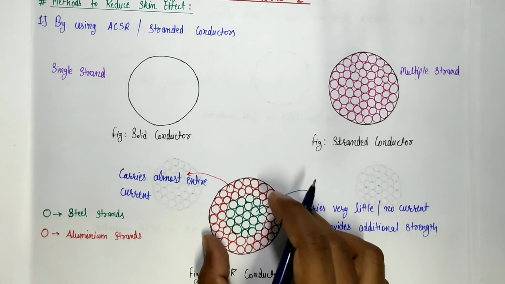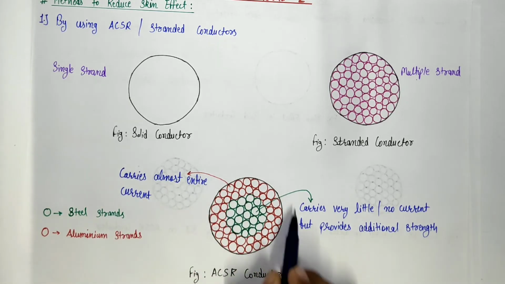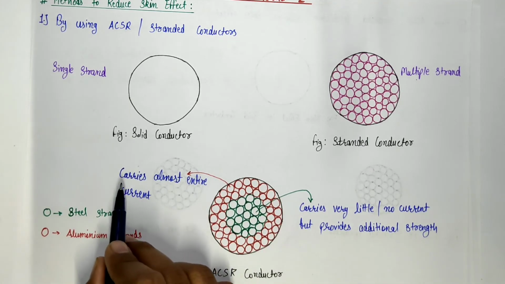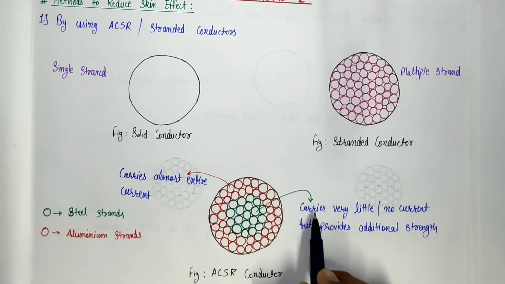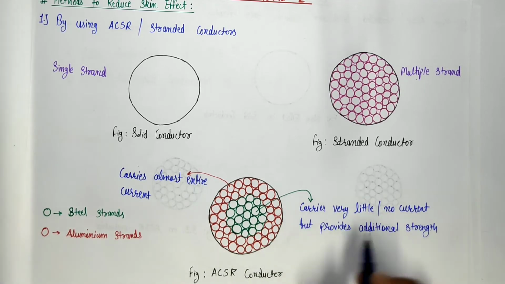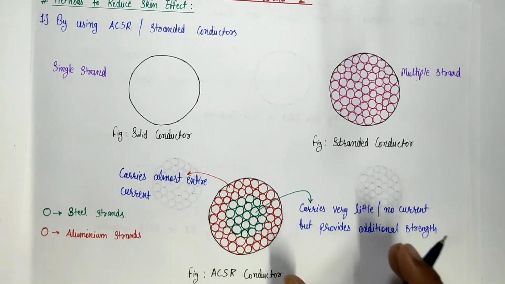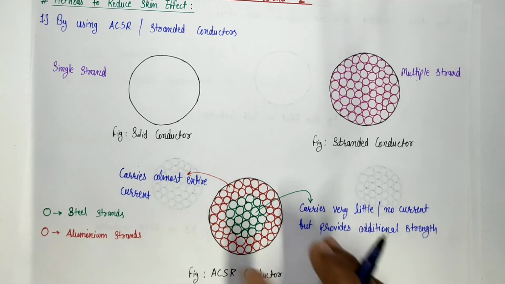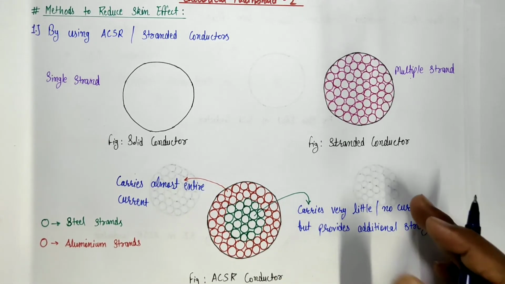So when current flows through this ACSR conductor, most of the current flows through these aluminium strands. These aluminium strands carry almost the entire current, while the steel strand carries very little or no current, but this steel strand provides additional strength to the cable. It supports the weight of the cable, and that's why guys these ACSR conductors are used in overhead power lines.